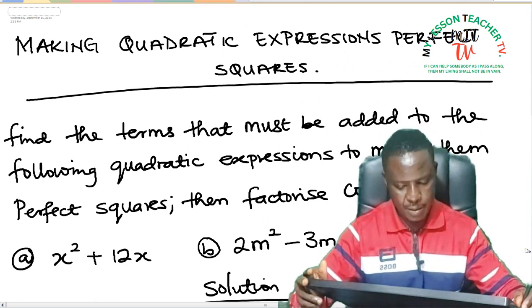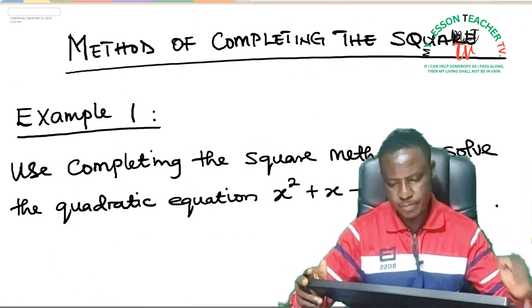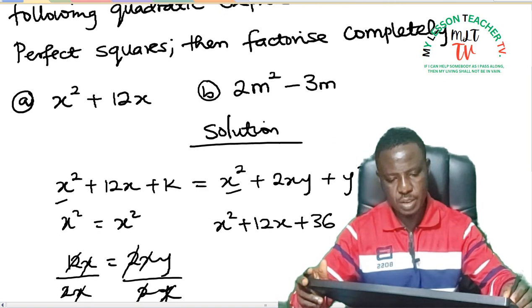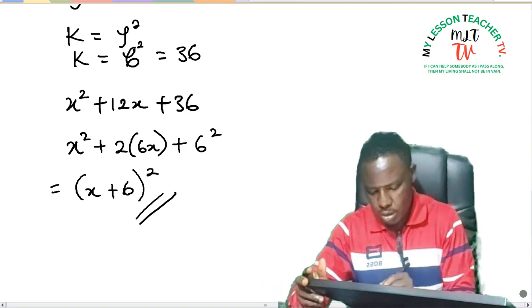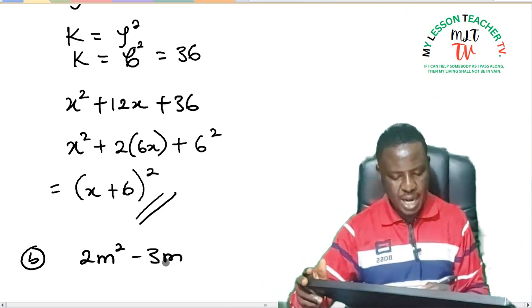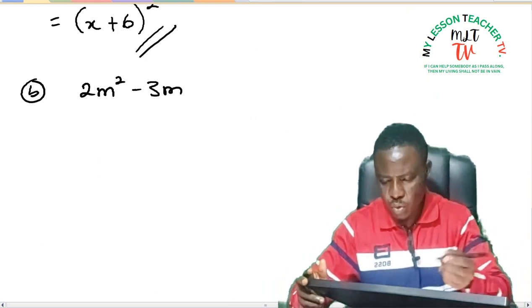So let's take the next example, which is b. B is 2m squared minus 3m. What must be added to this to make it a perfect square?